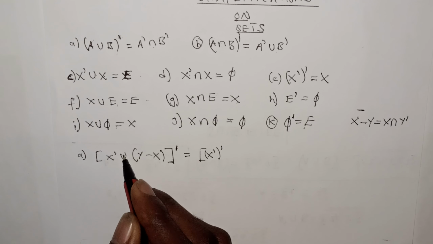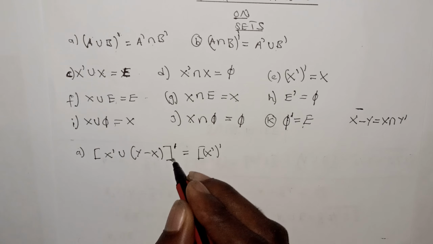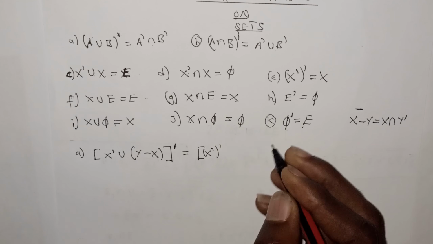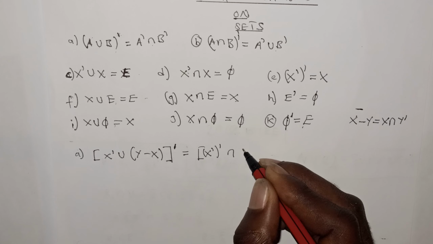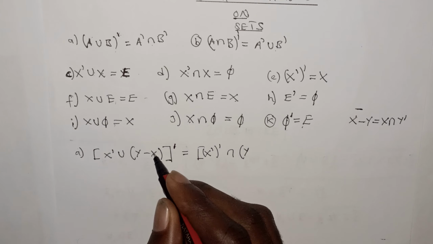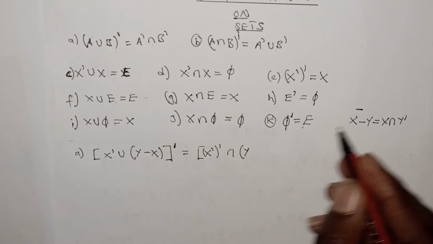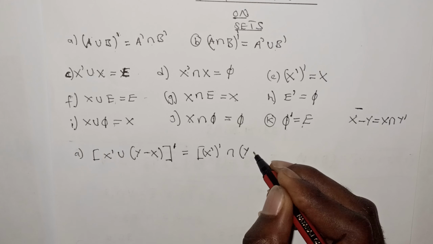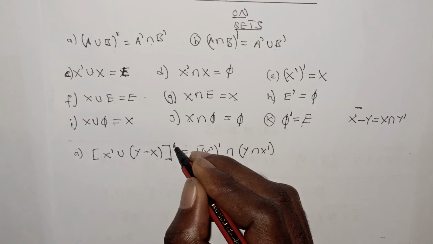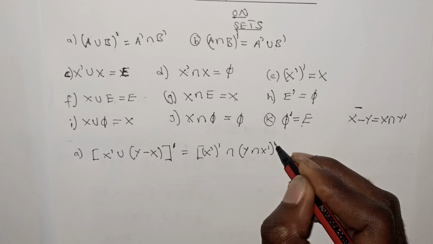This union symbol is connecting this set and this set, so it will change after distributing the complement. So it will be intersection, Y, then a minus, which we said means this. So to be Y intersection X complement, then this one gets distributed as well, complement.